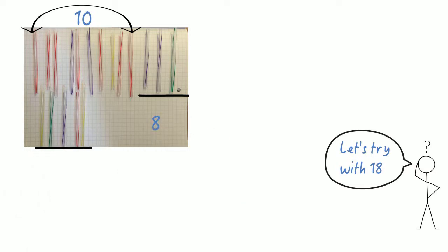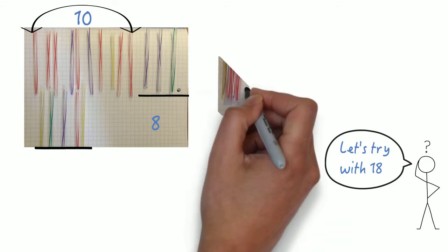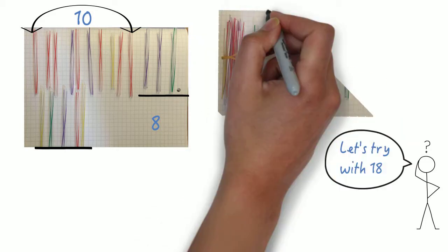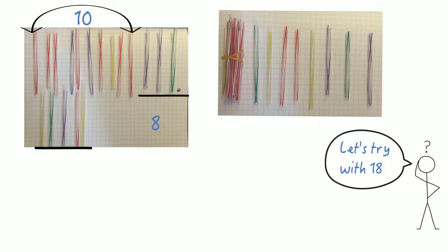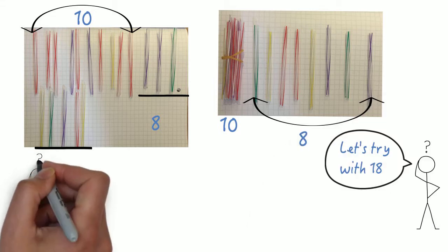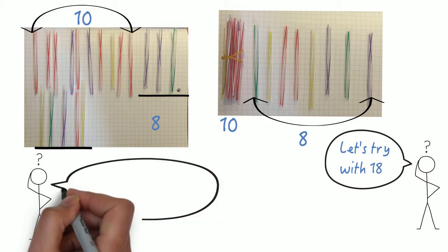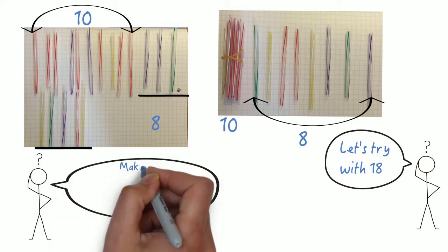Which means that you could get one group of 10 and put 8 ones to go with it. Try this out with some other numbers to see what you can find out.